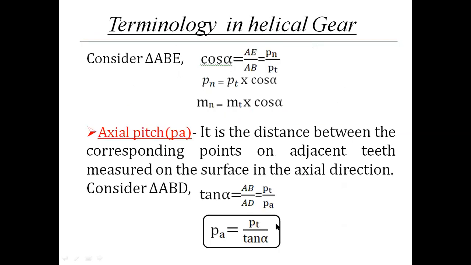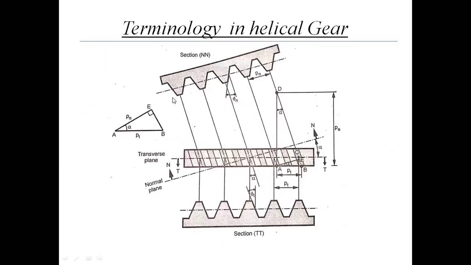Now consider triangle ABE. How does the triangle form here? AB is nothing but Pt, the pitch along the transverse plane, and AE is the pitch along the normal plane, Pn.